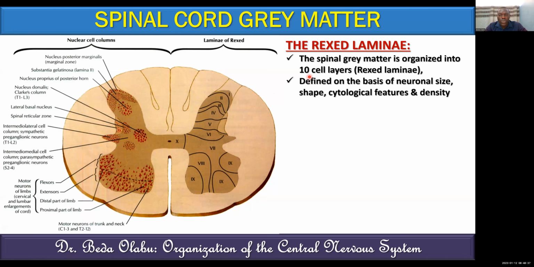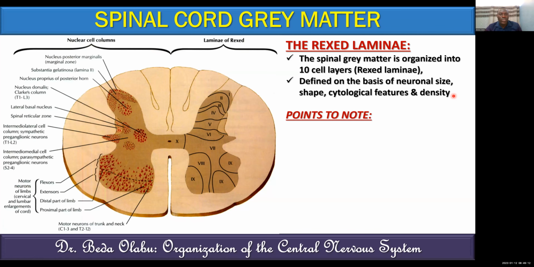The distinction of the laminae are based on a number of concepts, largely based on the size of the neurons within that particular population, the shape of those neurons, the cytological features of those neurons, and even their density. How packed are they? Now, it's not your role to redefine them, but basically to understand what is where.